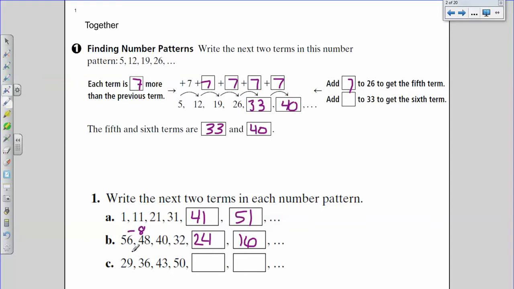This time I look like I'm getting bigger, so I know I'm going to be adding or multiplying. But in this case, I'm definitely going to be adding, and I'm adding, it looks like 7 each time. So my next two numbers should be 57 and 64.